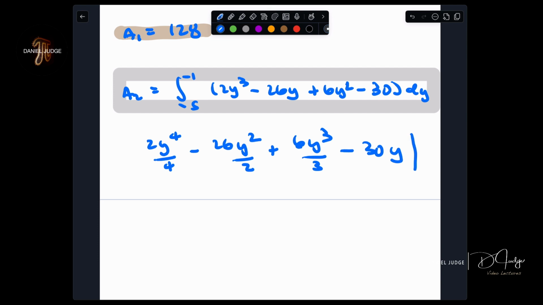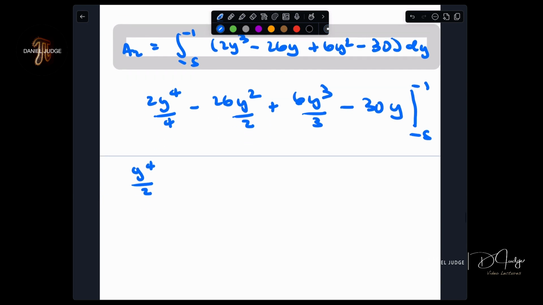And that's going to be from negative 5 to negative 1. So let's write this down. y to the fourth over 2 minus 13y squared plus 2y cubed minus 30y. Evaluate from negative 5 to negative 1.